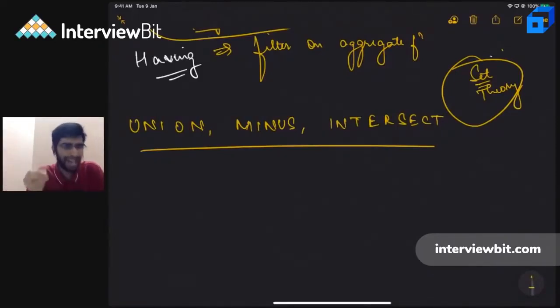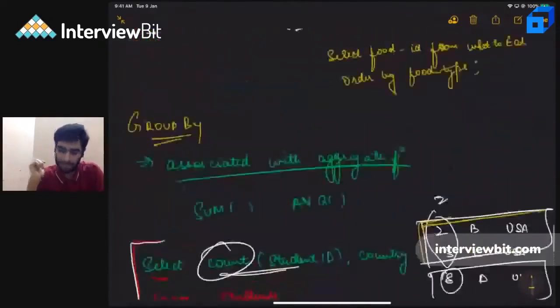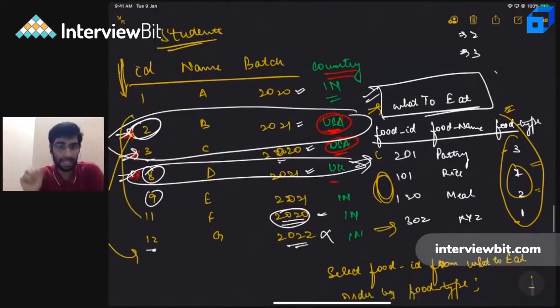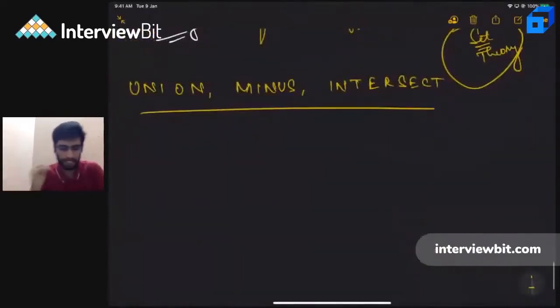So an RDBMS is nothing but an implementation of set theory: how you do operations upon data in terms of how you do operations upon sets. Each table is actually a set and not an ordered table. So there is no guarantee as to how the data will be arranged in the table. This data might be somewhere here or somewhere here, because these are sets and not tables. Okay. Now let us discuss union, minus, and intersect.